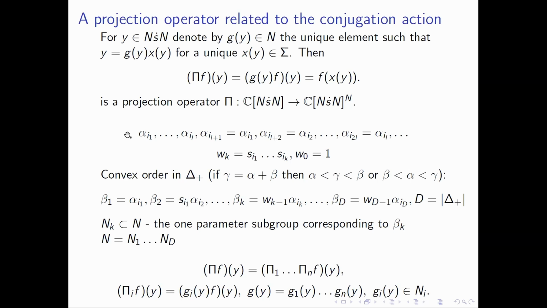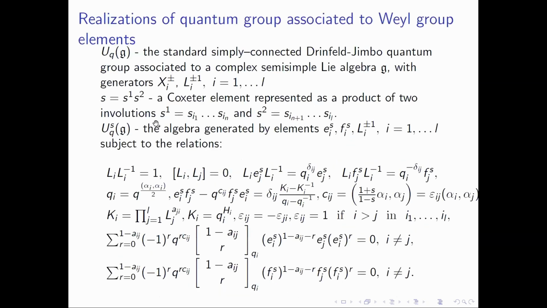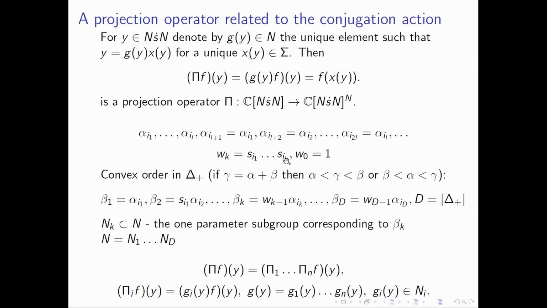Firstly, write all simple roots which appear in the definition of the Coxeter element S in the same order in which the simple reflections in the definition of S appear. So they are labeled by i1, ..., in, in+1, ..., il. And then repeat this string until you reach the element number d.